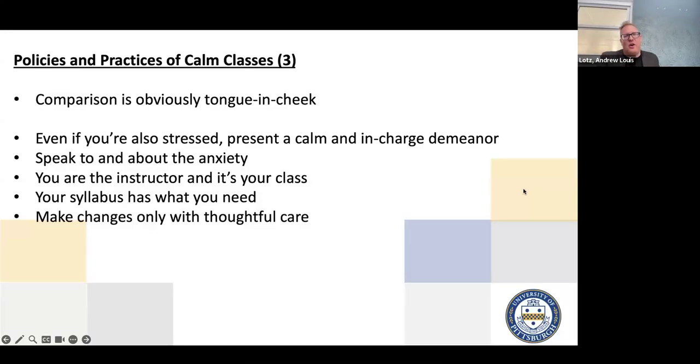So first, speaking in that calm voice, even if you're also stressed, present a calm and in-charge demeanor, right? Students and groups in general, when we are expressing our anxiousness and showing it, that can lead to others' anxieties increasing. And so giving yourself a moment, and just being calm and in charge, can be very helpful in moments of navigating anxiety, right?